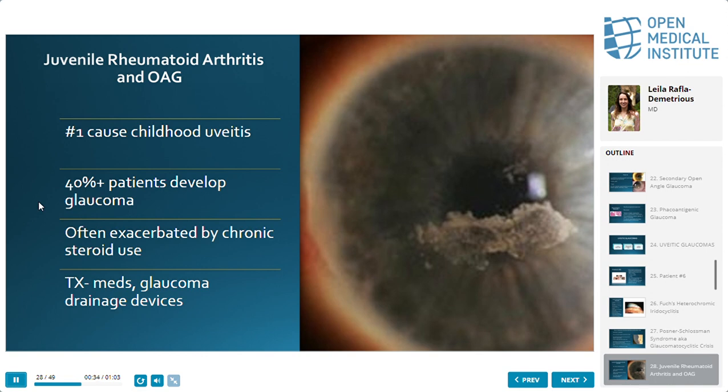As you can see, they also develop other chronic issues like band keratopathy, synechiae, and other signs of chronic inflammation. The treatment would be meds, of course, and then they often come to needing glaucoma drainage devices because it can be difficult to manage. Ironically, with any uveitic glaucoma, we're treating them with steroids, but the steroid can make their eye pressure go up. So it's always a bit of a balancing act.